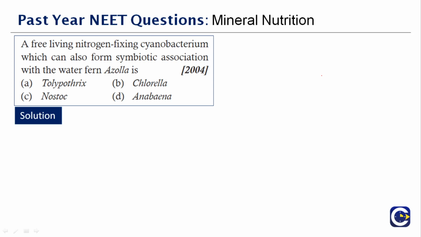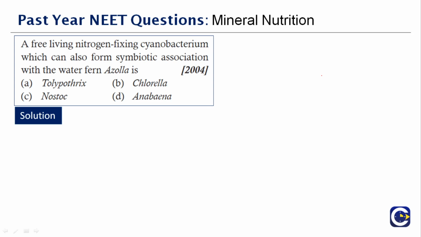This is a single heteropolar cyanobacterial filament in the mucilaginous sheath. Base of the filament begins at the heterocyte. So this is also not the answer. Chlorella, Nostoc, this is also not the answer. The right answer is Anabaena. Okay, the freshwater fern Azolla harbors Anabaena, which is a blue-green algae, in its leaf cavities.